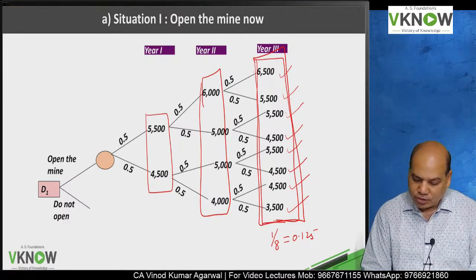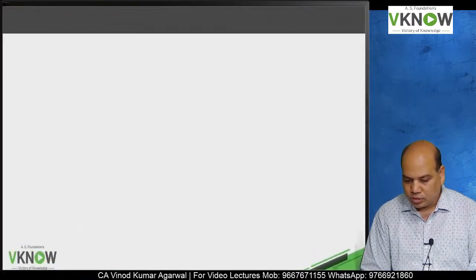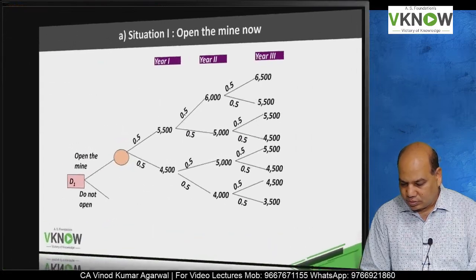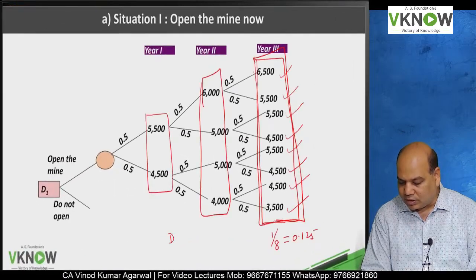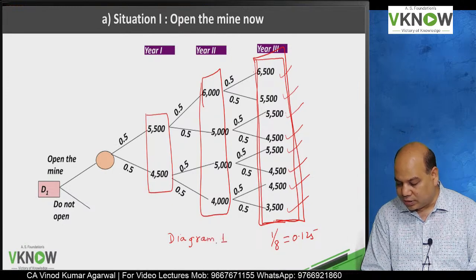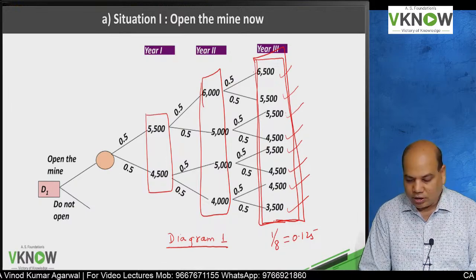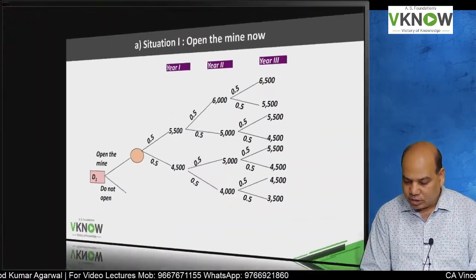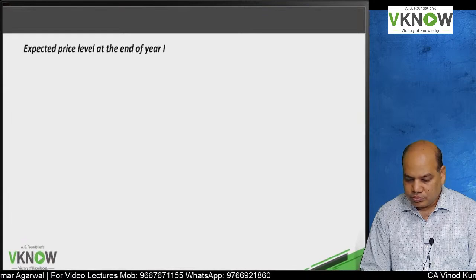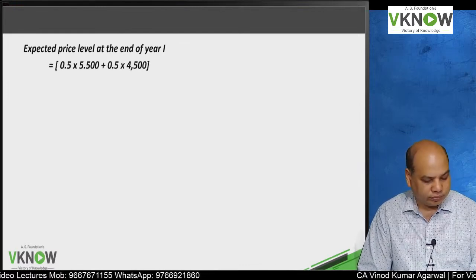So first write down below that diagram. We will give it diagram number 1 so that you will remember, because I have to draw one more diagram. Diagram number 1. Now write down below: expected price level at the end of year 1.